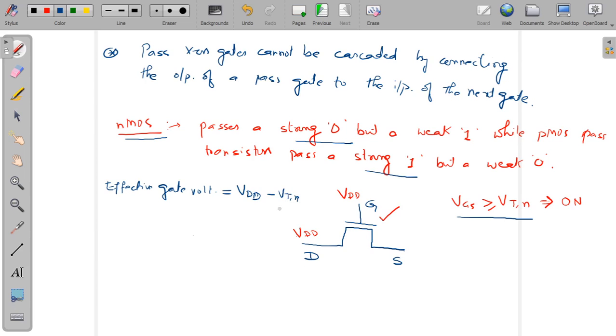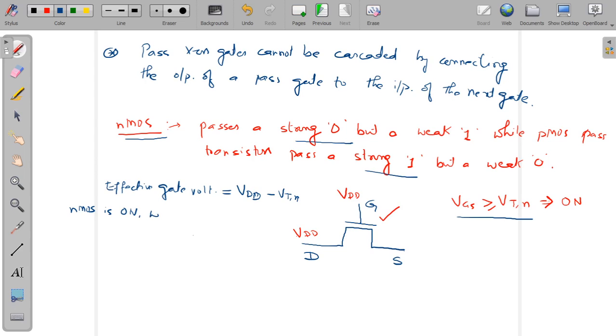So this is the effective gate voltage, and in this case this N MOSFET is on because this condition is satisfied, that VGS is higher than the threshold voltage.